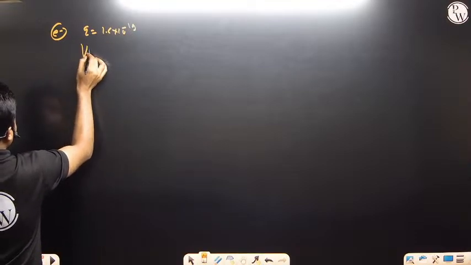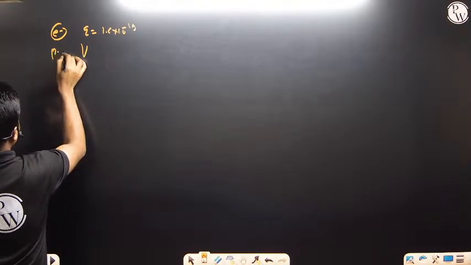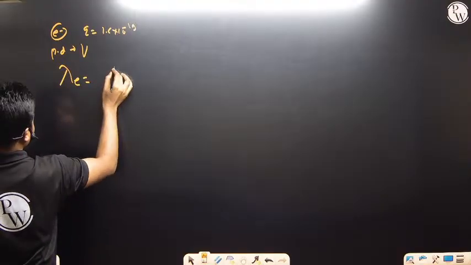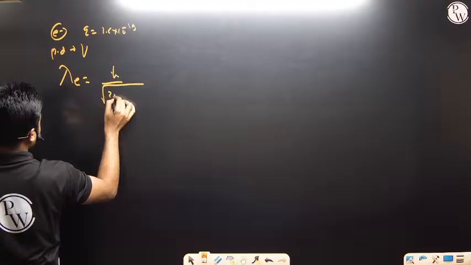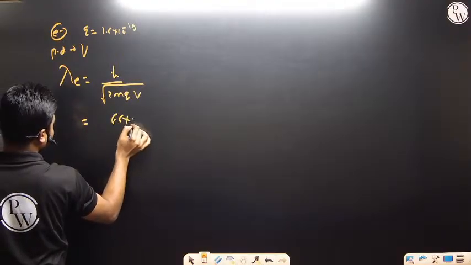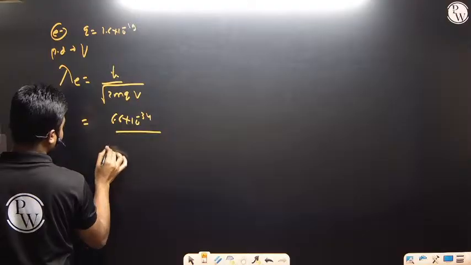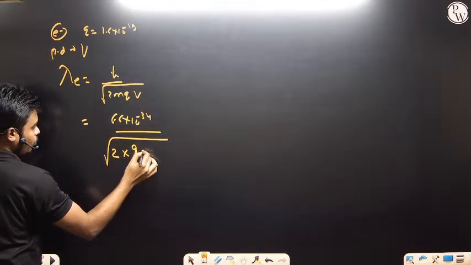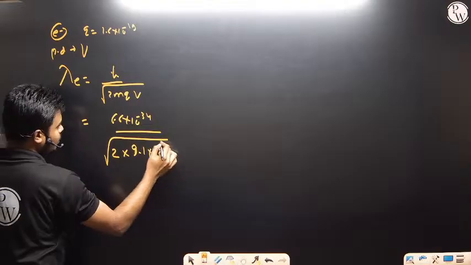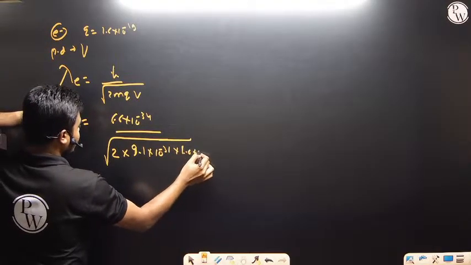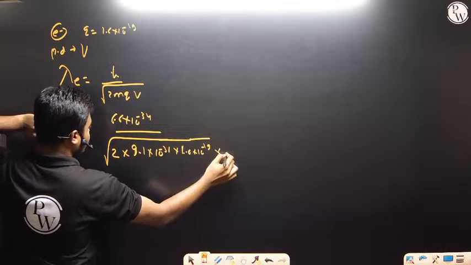And the potential difference is v. So for an electron, it is h divided by under root 2 mqv. We know the h value, 6.6 into 10 to the power minus 34, divided by under root 2 times the mass of the electron, 9.1 into 10 to the power minus 31, times the charge 1.6 into 10 to the power minus 19, times the potential difference v.